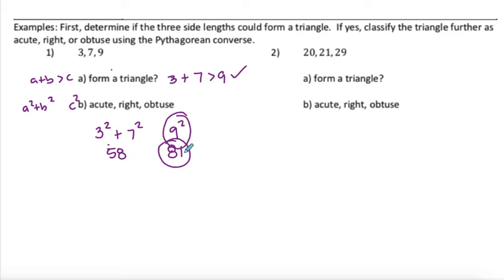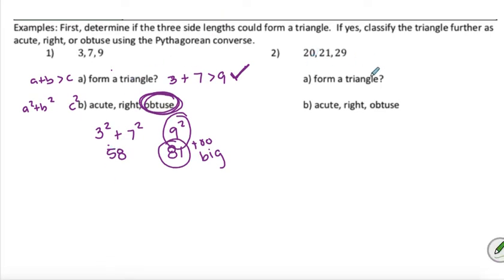And so 81 is not the same, so it's not just right. 81 is too big, which would classify it as an obtuse triangle. So does it form a triangle? Yes. What kind? An obtuse triangle. The first ones we don't square, the second ones we square and compare.